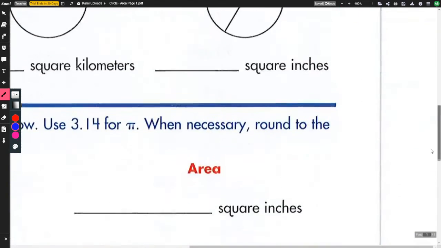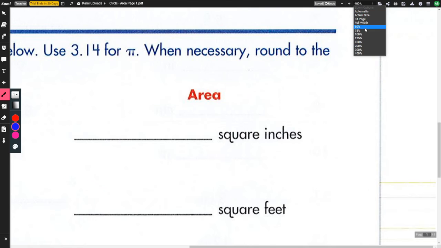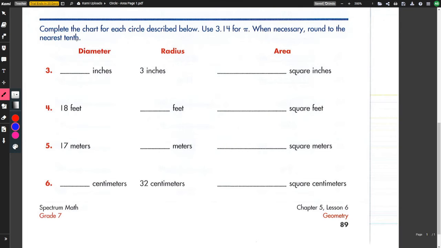Now for the second part. Zoom out a little bit so I can see what's going on. Complete the chart for each circle described below. Use 3.14 for pi. When necessary, round to the nearest tenth. So here, we need to find my diameter. I know that if I need to find radius, I divide the diameter by 2. So the opposite of dividing by 2 is multiplying by 2.